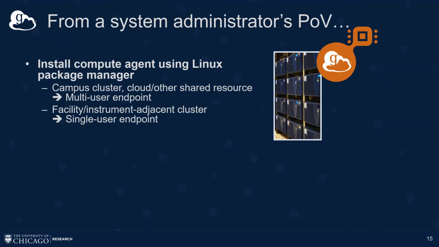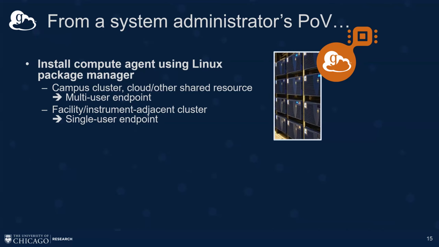We have packages for major distributions, very similar to the case of Globus Connect. They can be multi-user endpoints and single-user endpoints. They behave almost identically, and it's the same software, just two different modes of operation. I'll show it in a sec.